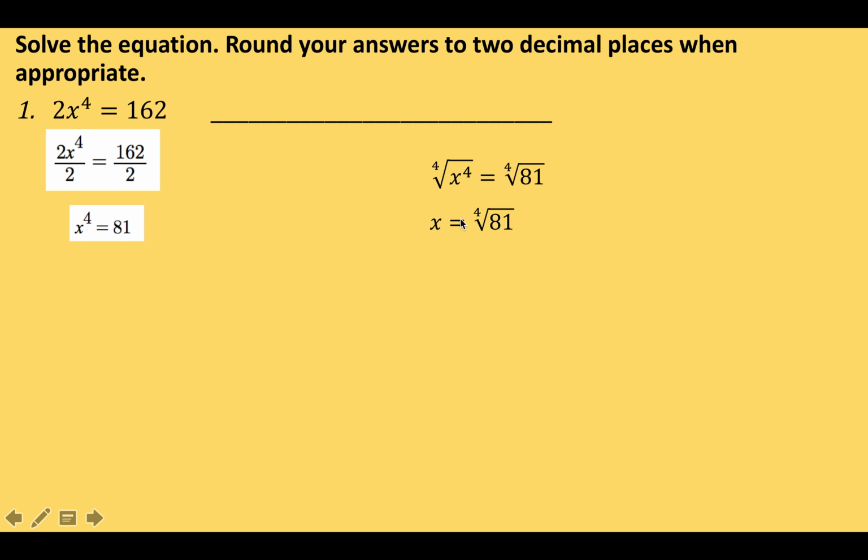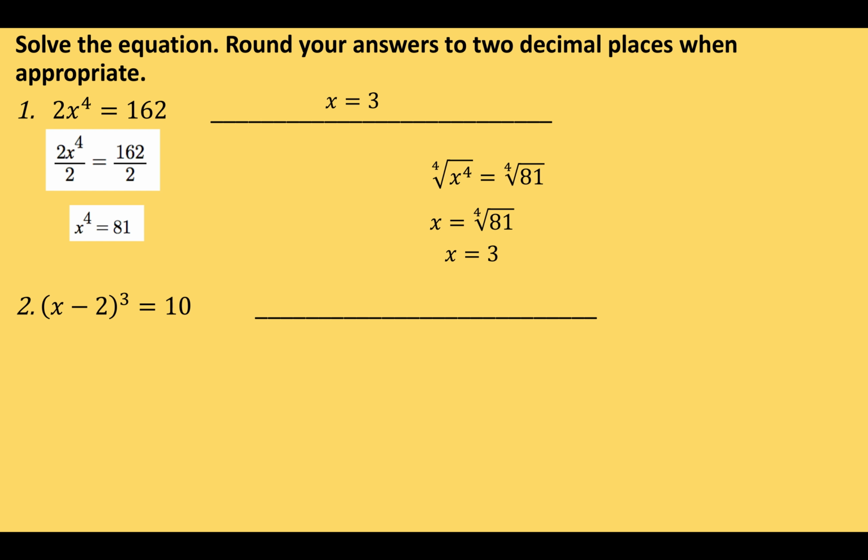So when we put the fourth root of 81 into our calculator, we get x equals 3. Now for number 2, again, the whole parentheses is being raised to the third power.